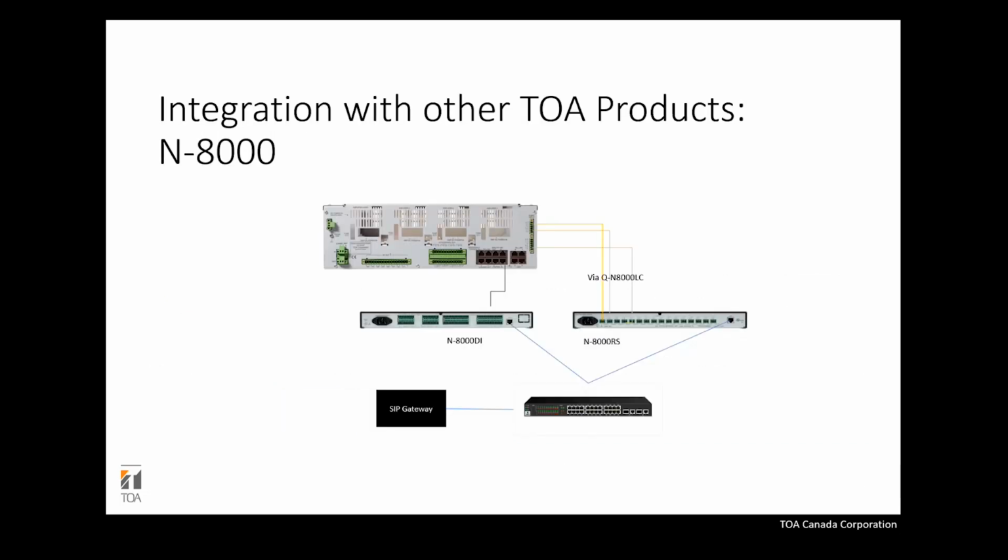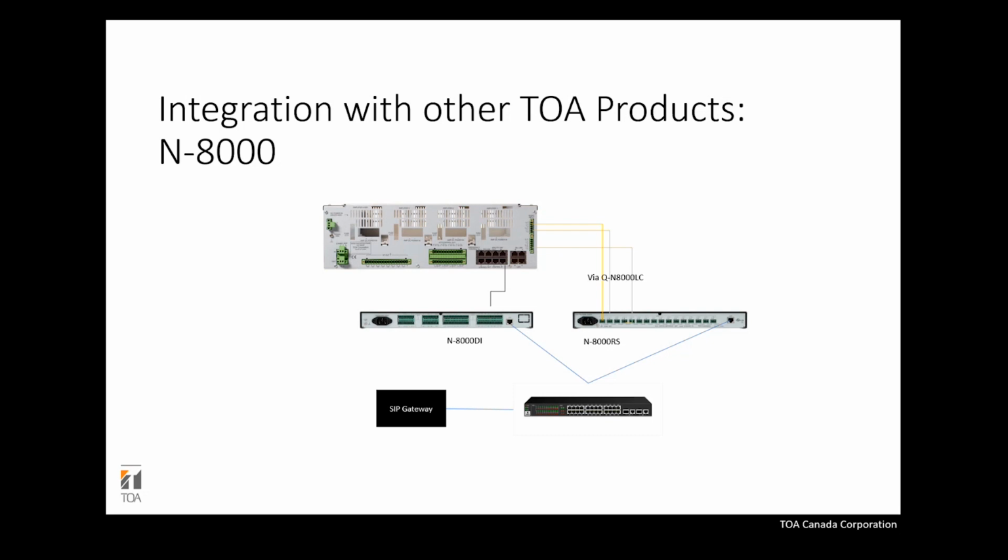Now let's move on to how this can be hypothetically integrated with other TOA products and, of course, third party. If you have an N8000 system, you can connect this directly with an N8000 DI, which is a digital input output device for the N8000.